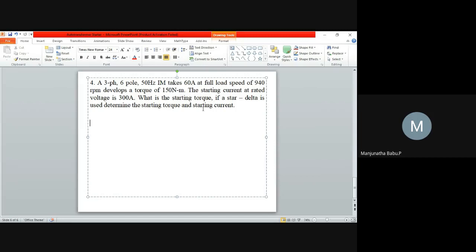Now go for the star delta starter. When I use a star delta starter, TST, the starting torque by full load torque, is equal to X square, X is 1 by 3, into ISC by IFL whole square into SF. ISC is 300 by 60 whole square into SF.